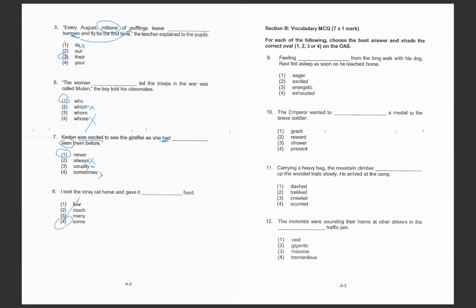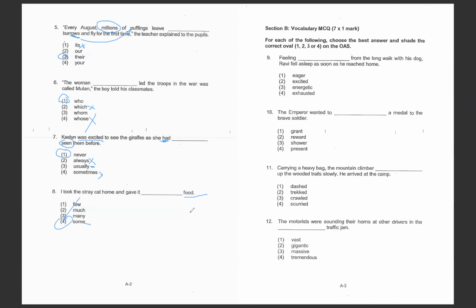I took the stray cat home and gave it some food. It's "some" because food is uncountable. Like if you give them the kibbles, which is the food the cat eats, right, can you count them one by one? It's so many kibbles that it's really very hard to count them.